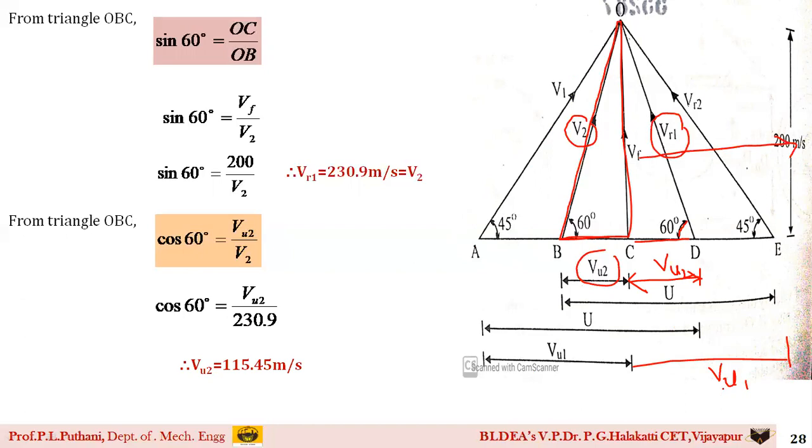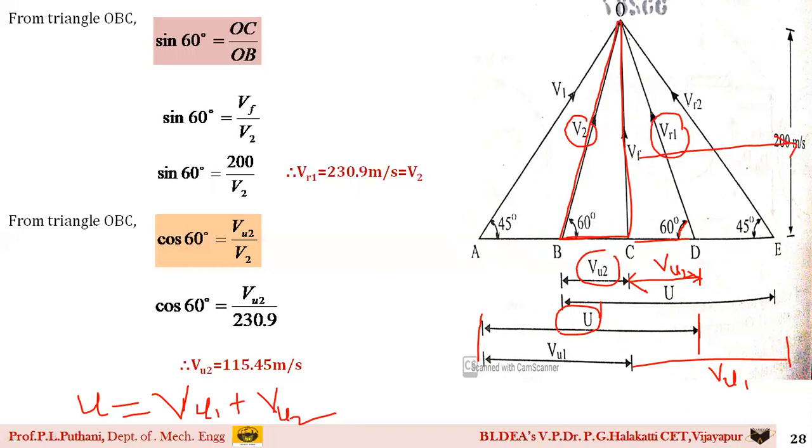Now the only component left to find out is, sorry, we need to find the value of U. If you observe the triangle carefully, from this end to this end, what is U? U is the addition of the two tangential velocity components VU1 plus VU2.